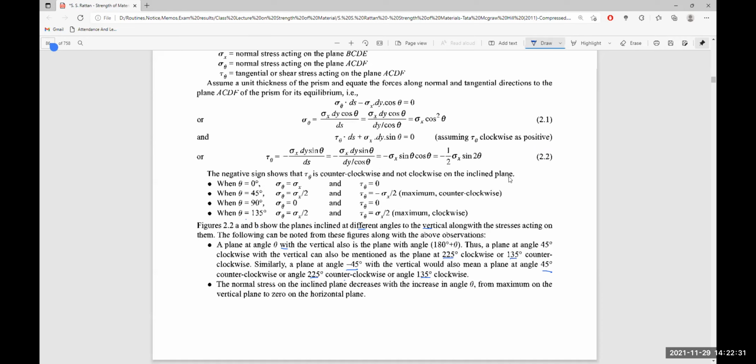All these three planes are the same: 45 clockwise, 225 degrees clockwise, and 135 degrees anti-clockwise.